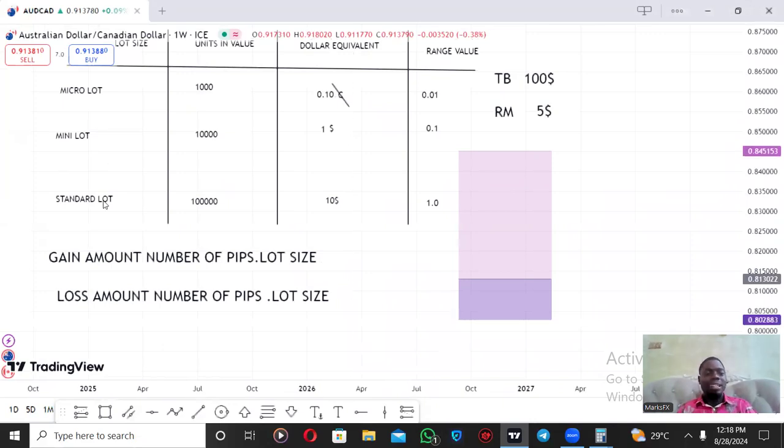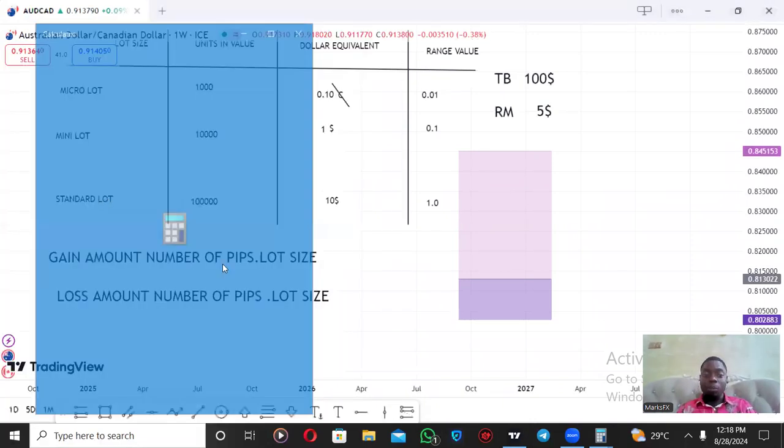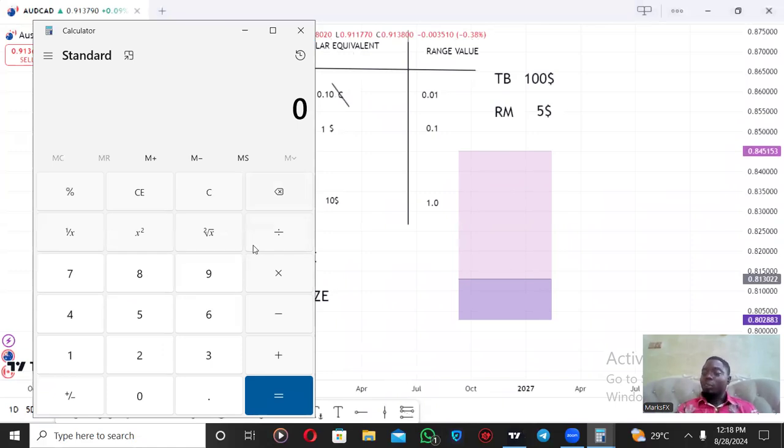Equivalent. So technically, if I go to my calculator, 0.01 is 10 cents per pip, right? So instead of me typing 0.01 times 10, being my stop loss, I am totally wrong. Why am I wrong? Because we are not losing our stop loss, we are losing our dollar.